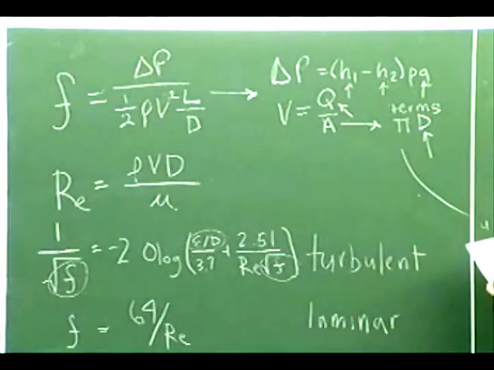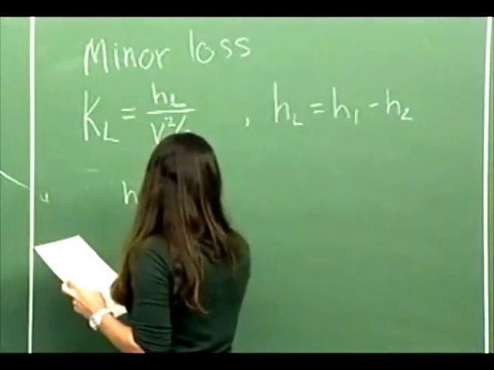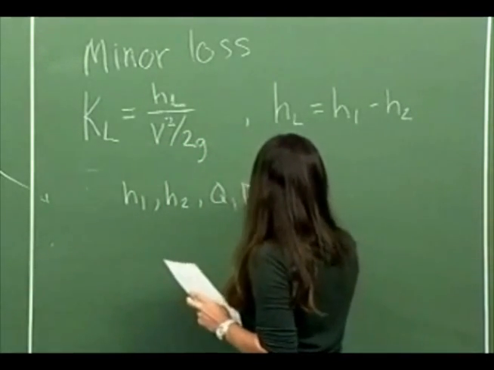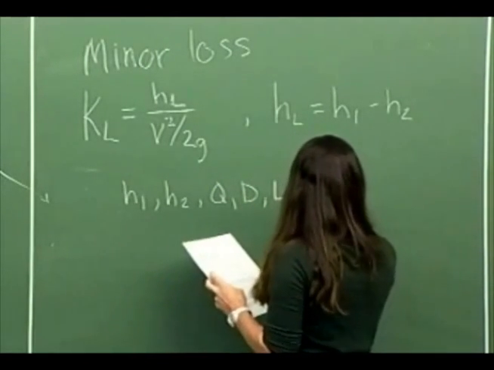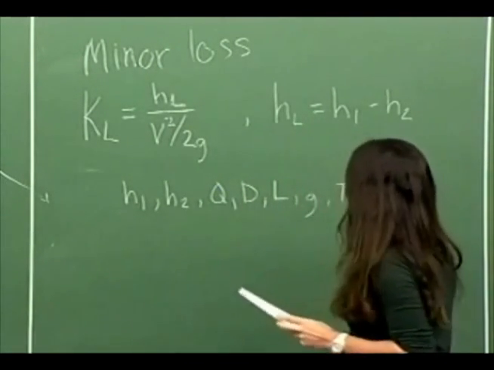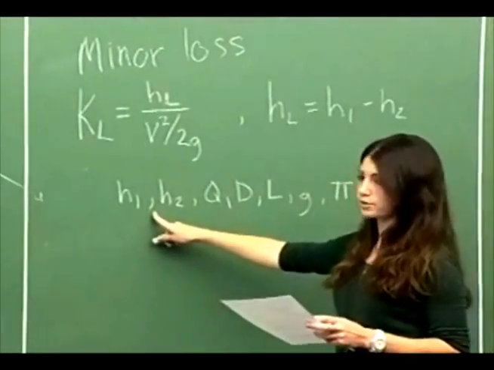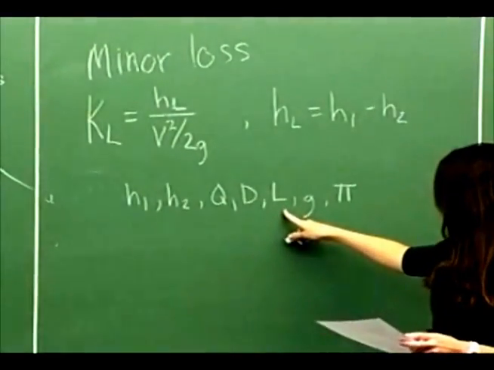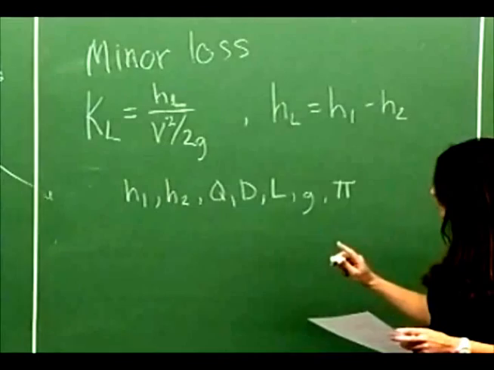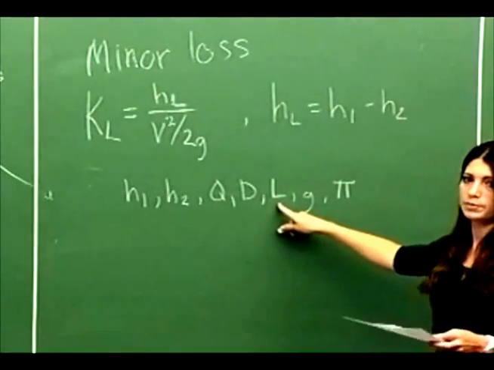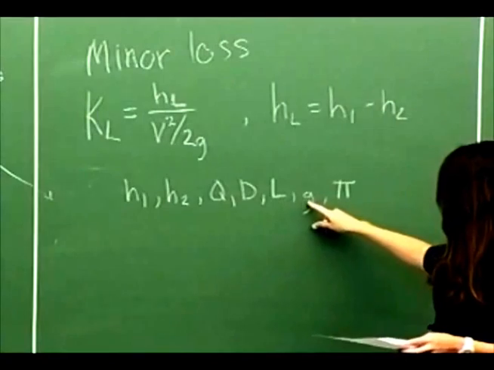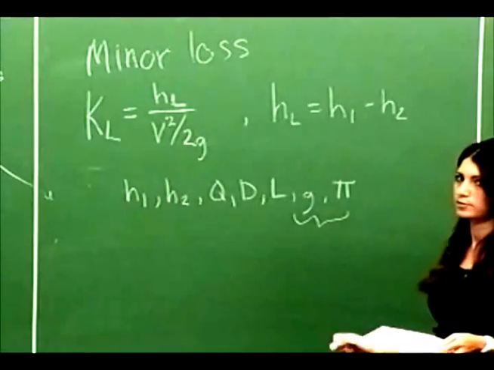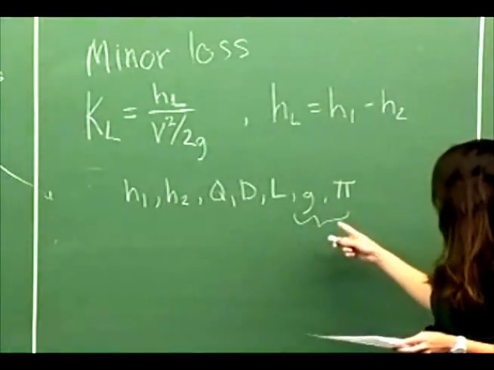The equation becomes in terms of H1, H2, Q, D, L, g, and pi, where H1 is the first height measurement, H2 is the second height measurement, Q is your flow rate, D is the diameter of your pipe, and L is the length between the two points at which you measured. So this is also something you'll need to measure in the lab and keep track of the uncertainty in that measurement. g is the gravity, and pi is pi. Now, just because these two aren't measured doesn't mean there's not some uncertainty associated with them. So you need to be careful of that.